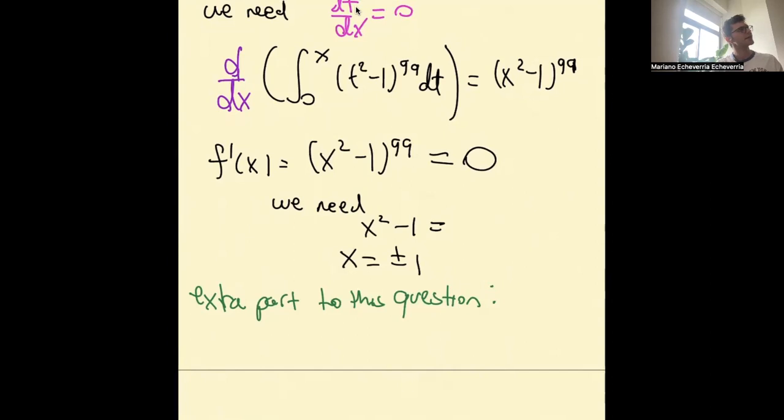For this one, I guess it is a bit tricky. Okay, as an extra question, I could ask, where is this function increasing or decreasing? That's fine. Let's ask that first. Where is f of x?